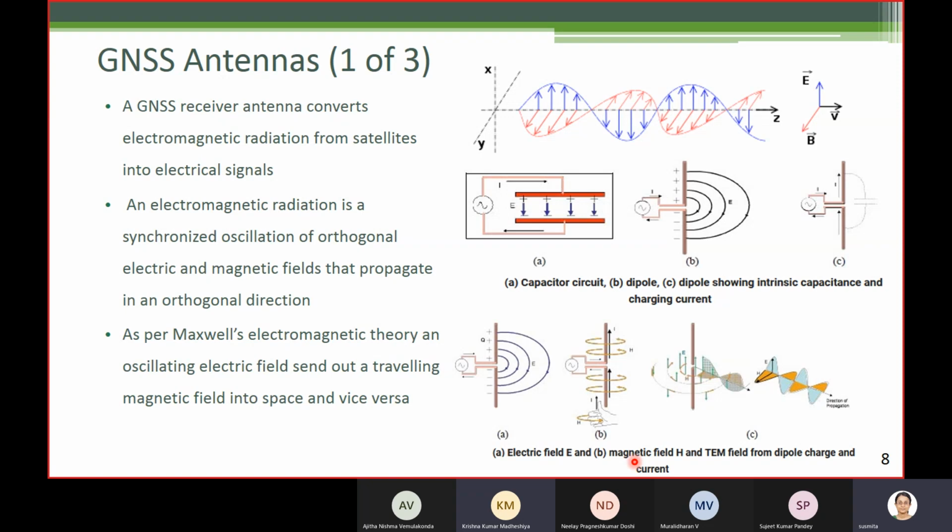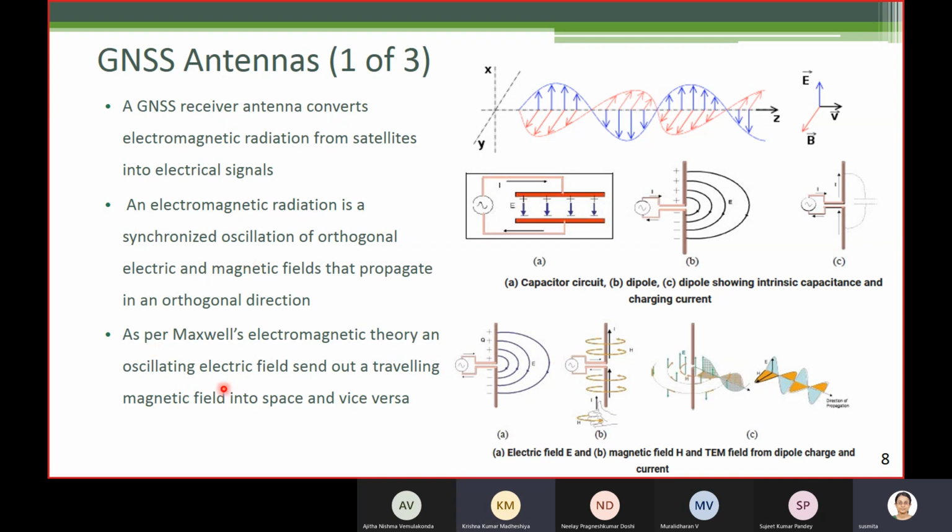Electrical signal and electric field and magnetic field both emit from the antenna. You are talking about a transmitting antenna or a receiving antenna? Which principle are you asking about? Transmitting antenna, yes. How does the signal transmit from the antenna? How does it emit?